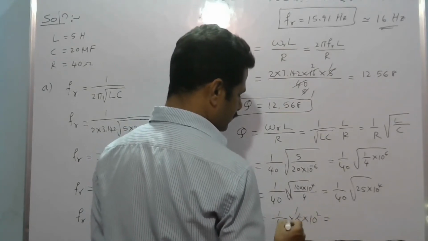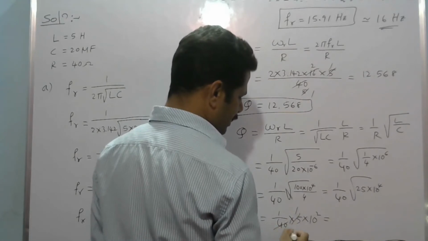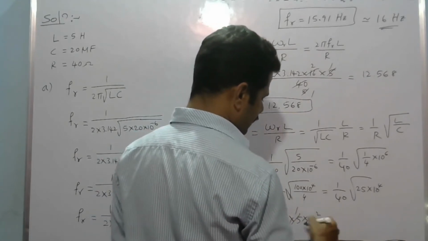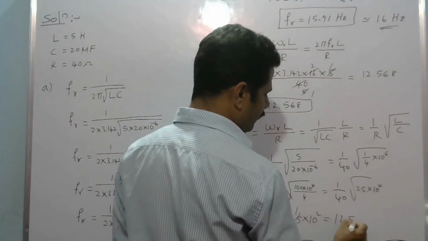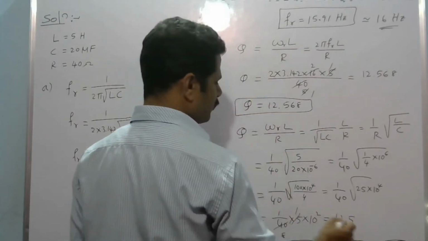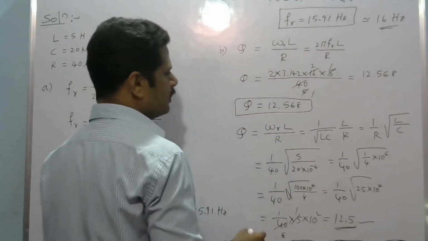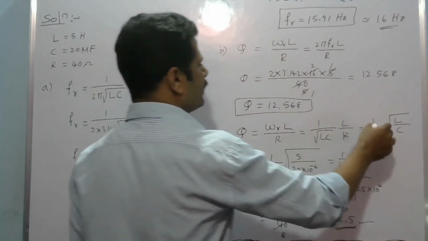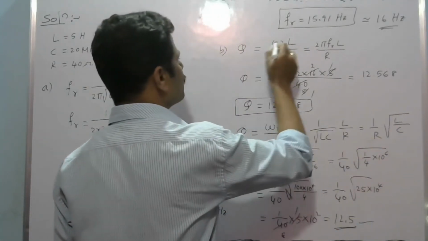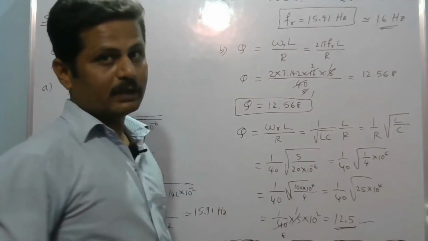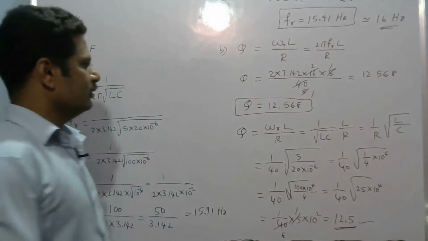This equals 100 by 8, which is 12.5. This is also good, we get 12.5. In this way also you can do. Either you can use 1 by R square root of LC, or else we can use Q equals omega R L divided by R. This is the quality factor.